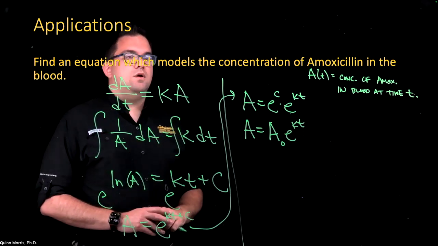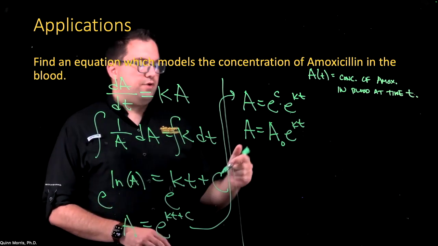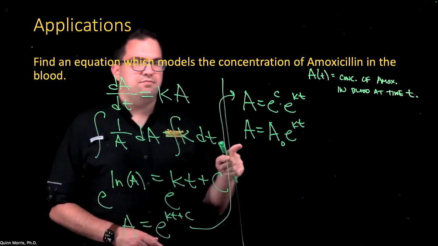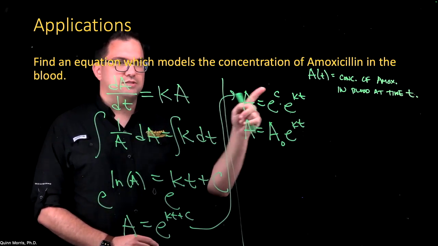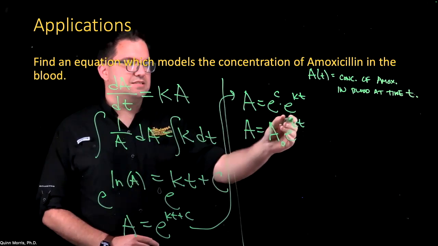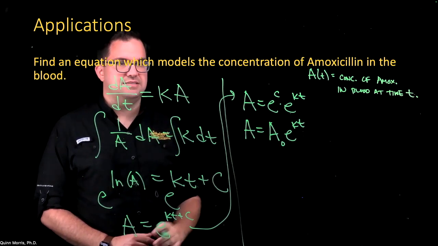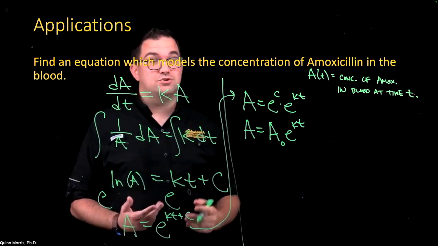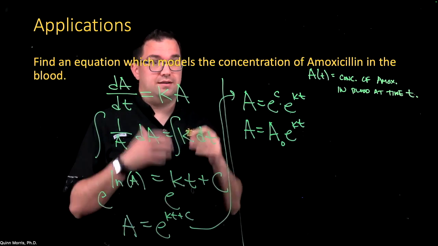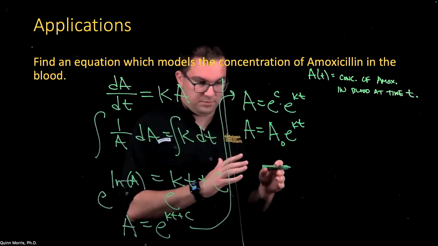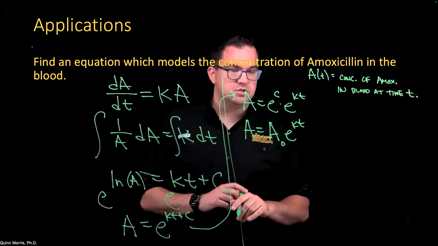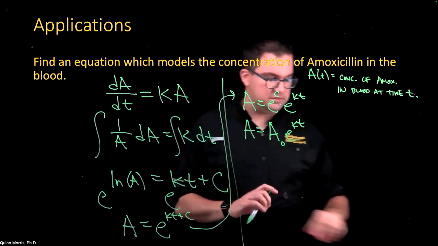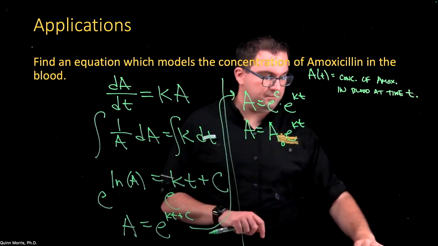All right, so now this is all great, except this doesn't really give me an equation yet which models the concentration of amoxicillin in the blood because it has these constants K and A0 here. I'd like to figure out what those constants are so I can have a precise mathematical formula I could use. So let me recall a couple things that the problem also gave me.